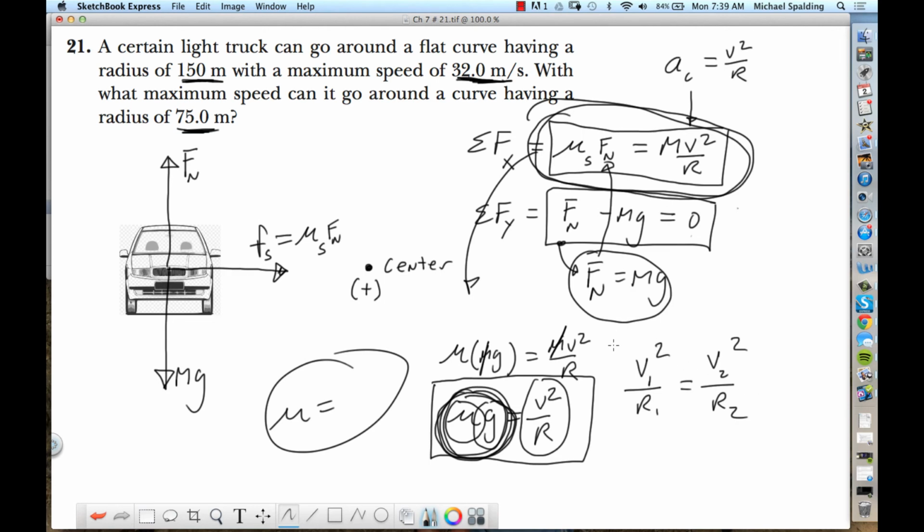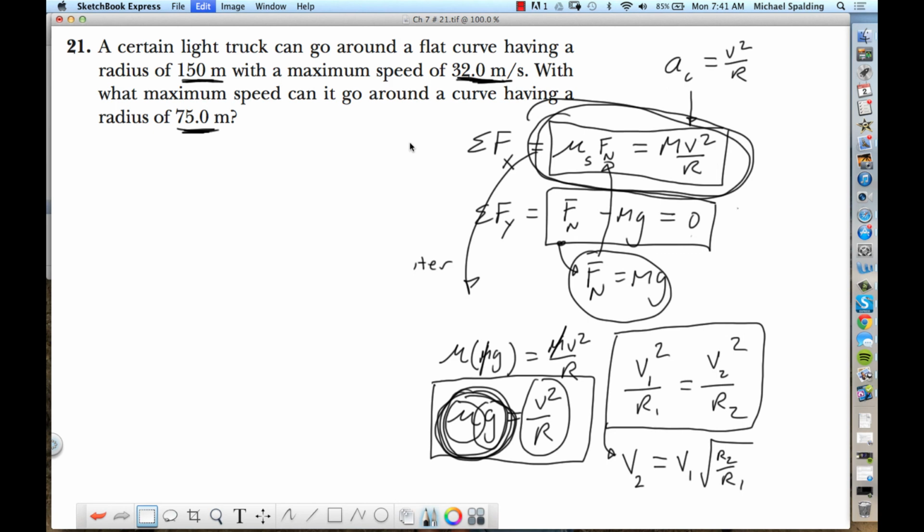What are we looking for in this equation? We're looking for V2. So V2, when you do the algebra, is going to equal V1 times square root of R2 over R1. Like that.